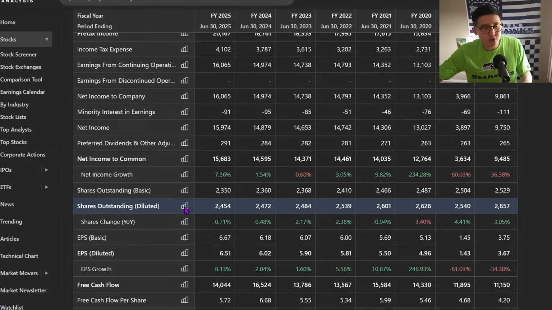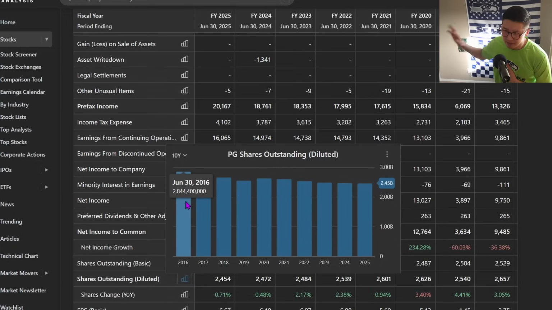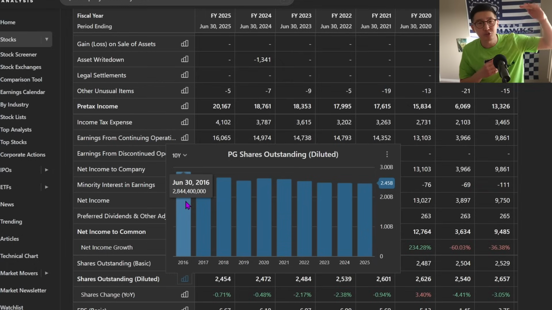Meaning, when we take a look at Procter & Gamble's shares outstanding since 2016, it was 2.8 billion, right? It's going in the right direction. For every other financial metric and fundamental, we want to see it be growing. However, I would argue for the shares outstanding, it needs to be the exact opposite trend. You want to see it be shrinking, because consequently your earnings per share goes up if the shares outstanding goes down.